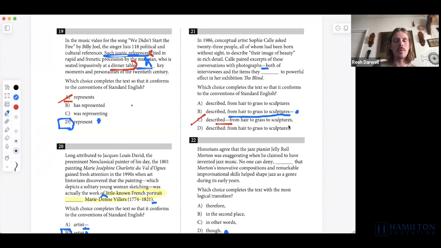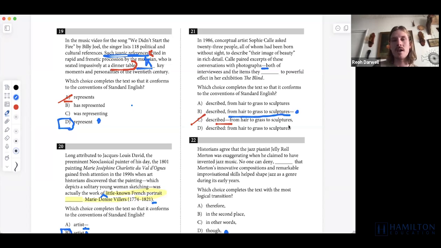So, remember, with these non-essential phrases, we can take the thing out and the sentence works on its own without that there. So, Cahiers paired excerpts of these conversations with photographs to powerful effect in her exhibition, The Blind, right?